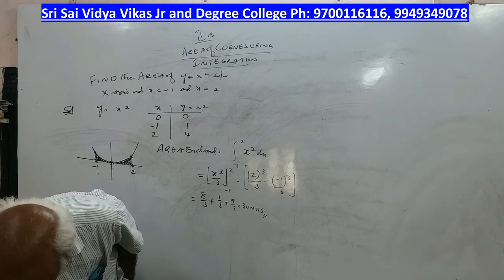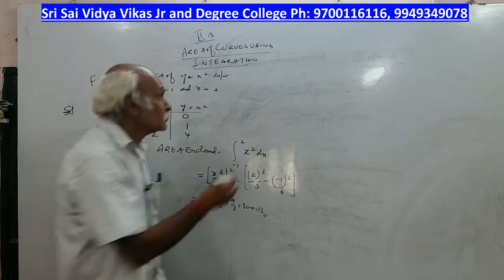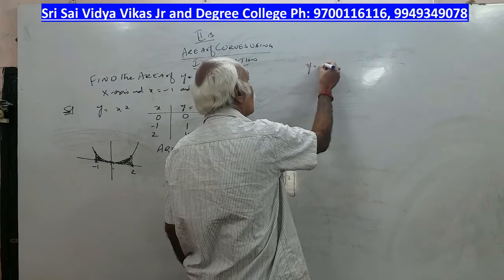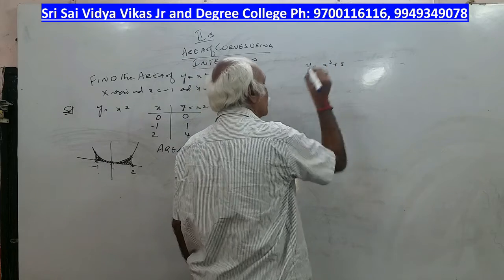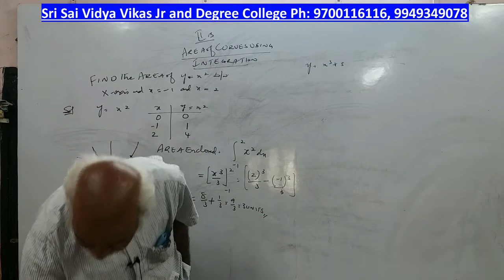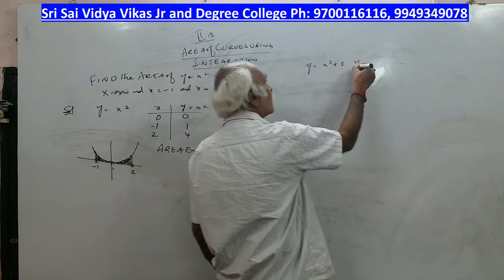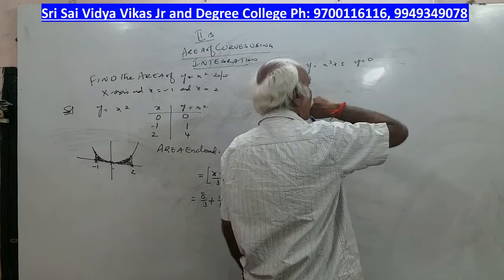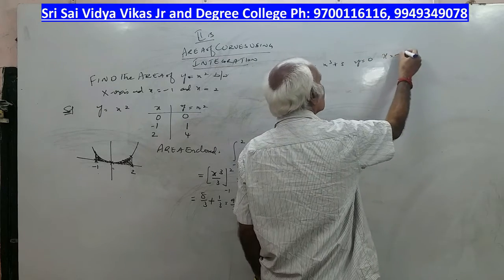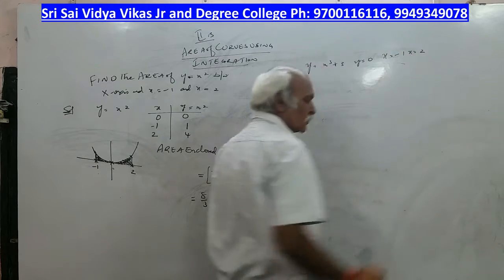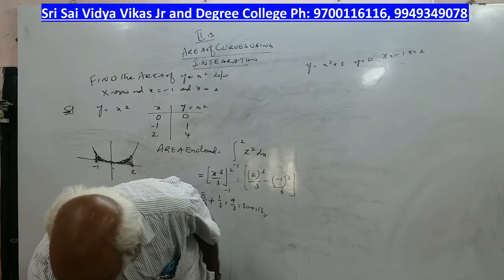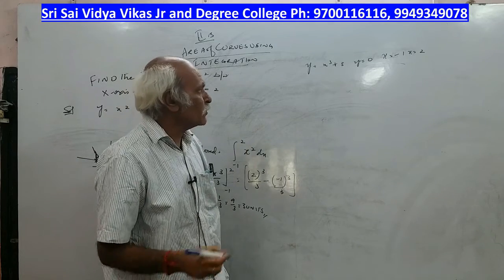Now one more problem. y is equal to x cube plus 3, and y is equal to 0, x is equal to minus 1, x is equal to 2.